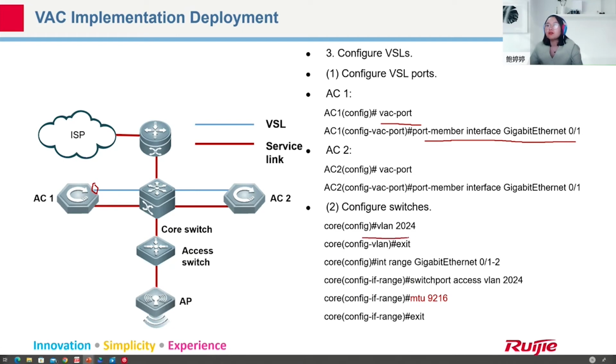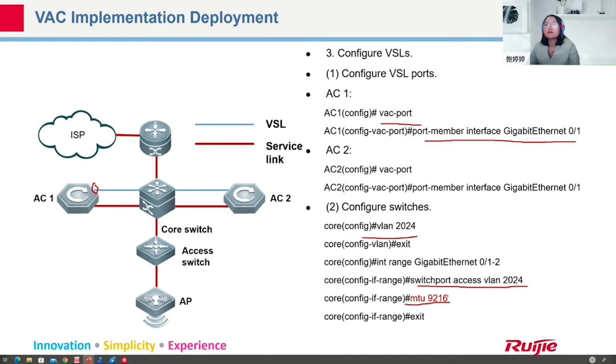So we have to create a new VLAN, and for this VLAN you can use any value except your real service VLAN, like 2024. And then your interface 1 and 2, one connects with AC1, one connects with AC2, right? Add the interface into VLAN 2024 and pay attention to change the MTU value to 9216.